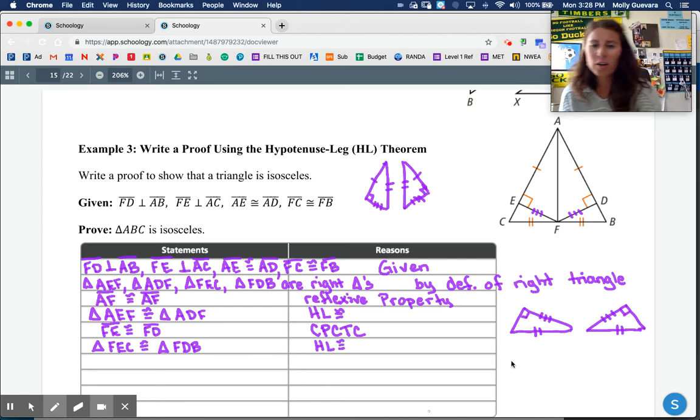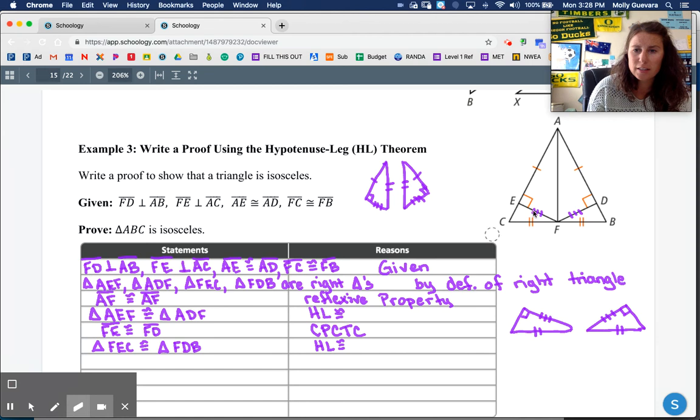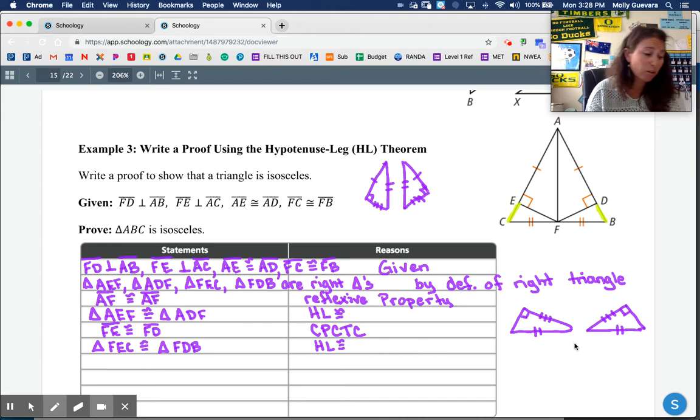And remember our goal. My goal really here is to find this length and this length to prove that those two lengths are equal. Well, if the triangles are equal, are their lengths equal? Hopefully we say yes, right? Yeah.